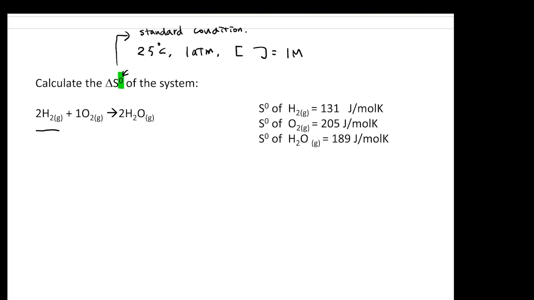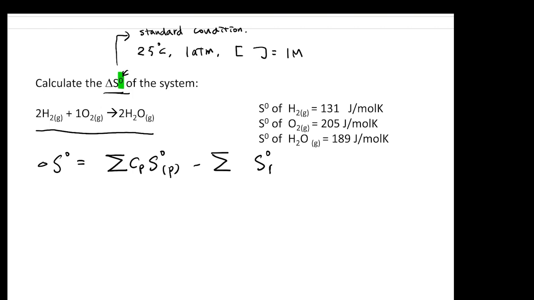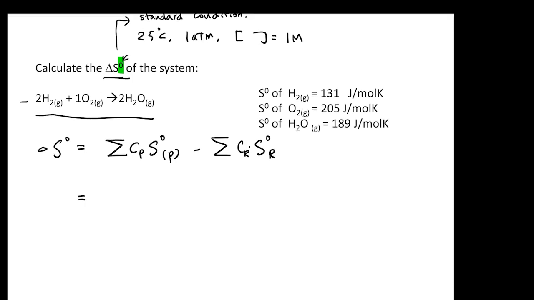If you want to calculate the delta S naught of the system, the thing you need to do is very simple. Just like you calculate your entropy, it will be the sum of the S naught of your products, multiplied by their coefficients, minus the sum of the entropy of your reactants multiplied by their coefficients.